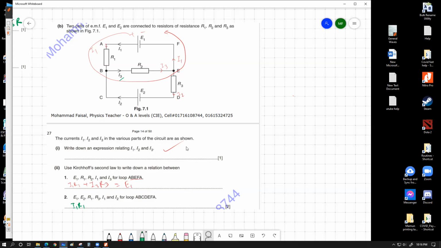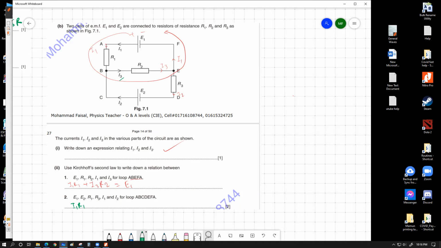This was wrong. Hold on, did you notice this mistake? This is not supposed to be R3. I just wrote it as I3 in haste. I assumed that I3 is the current through R3, but that's not the case. What should this number be? This number is supposed to be R2. So that's the trap which I fell for. Sorry.